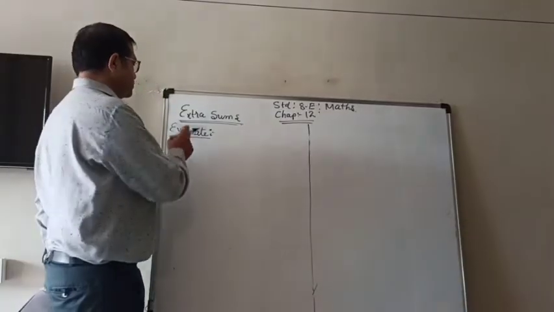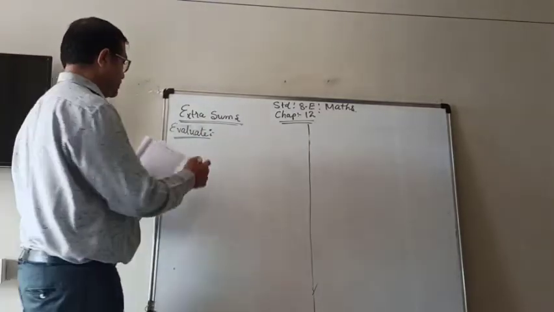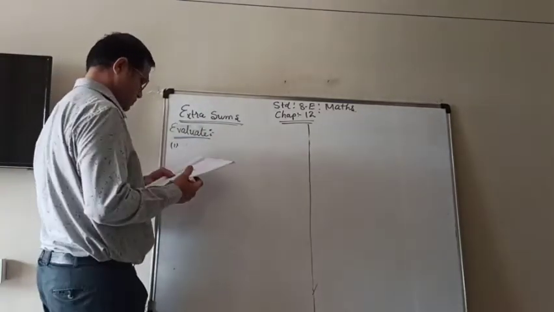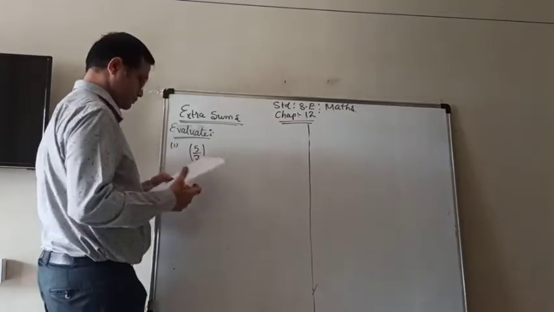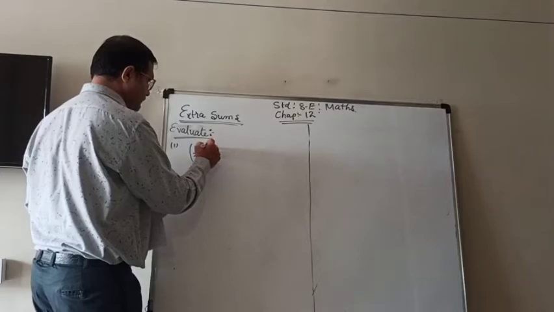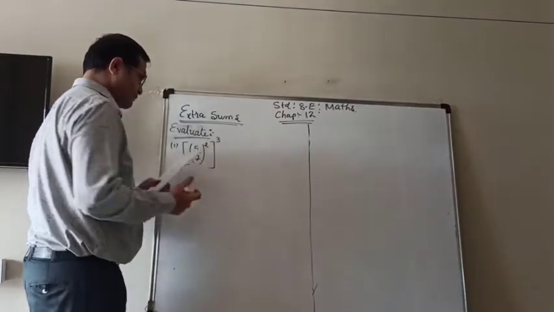Now, some examples to evaluate. 5 upon 7 has the power 2 and then power 3.